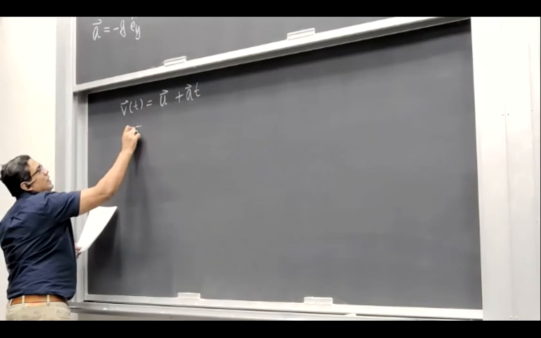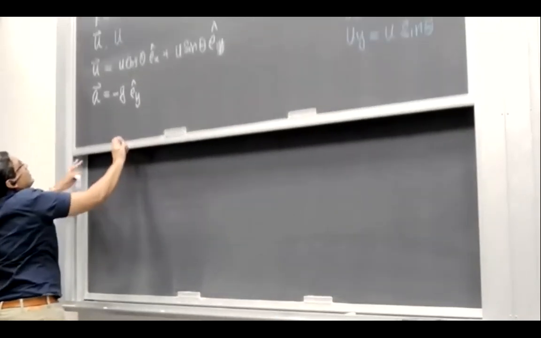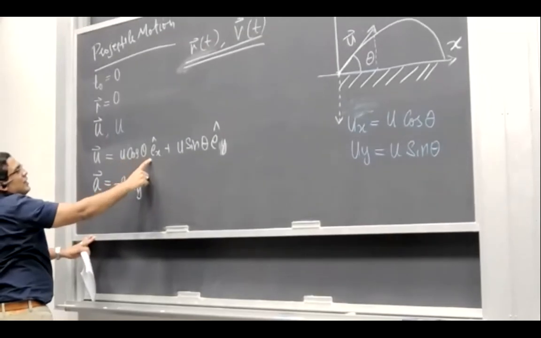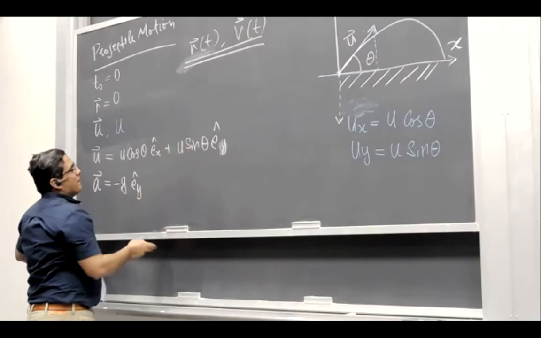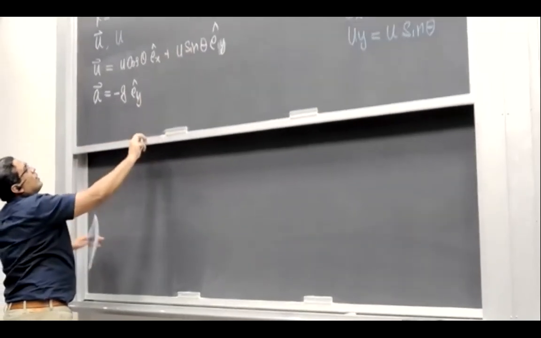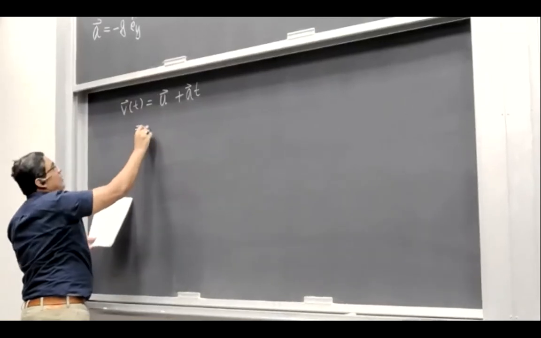All we need to do is just add the vector form of the initial velocity, which is this, the u cosine theta unit vector x, the u sine theta unit vector y. So first we plug this value.